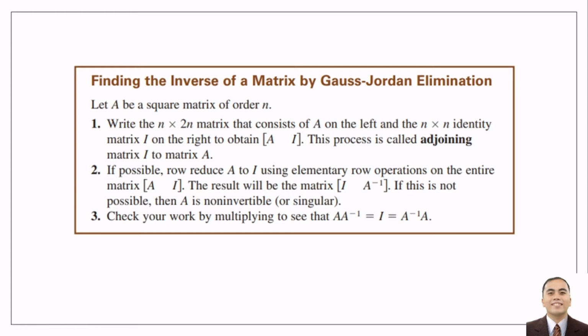So, finding the inverse of a matrix by Gauss-Jordan elimination: let A be a square matrix of order n.